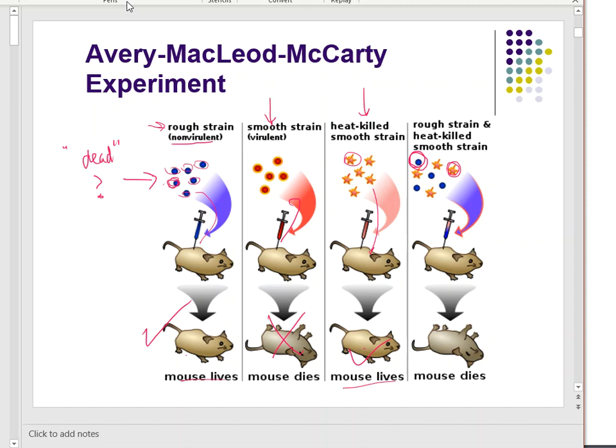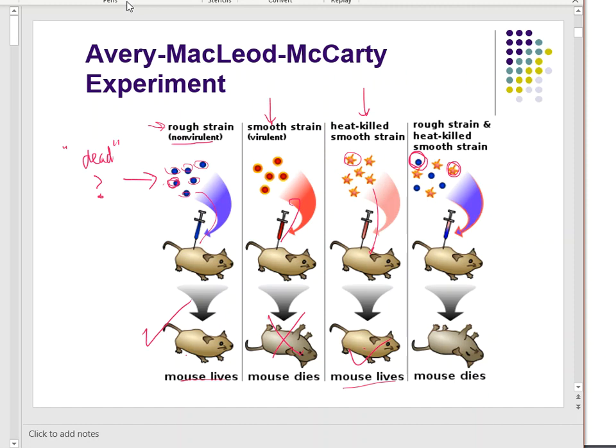What is this trying to show us? Well, something is transferring here. The original ones of these caused the mouse to die, but we heat-killed these, so they should live.